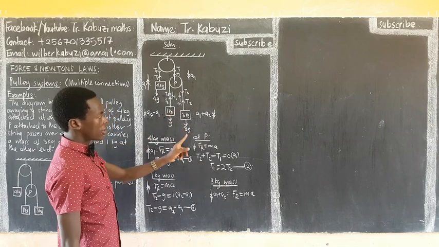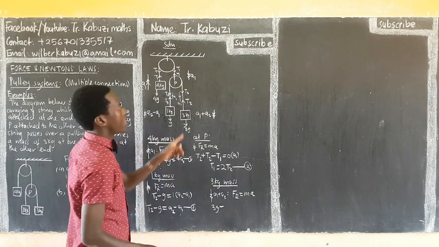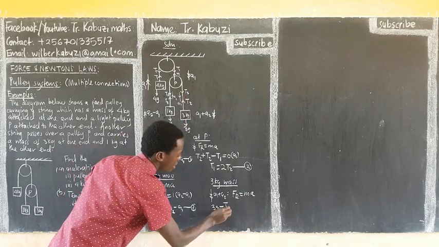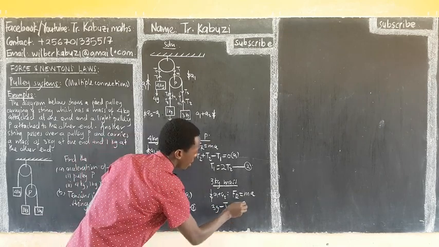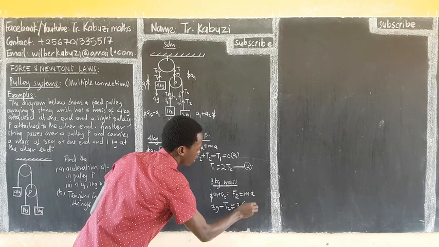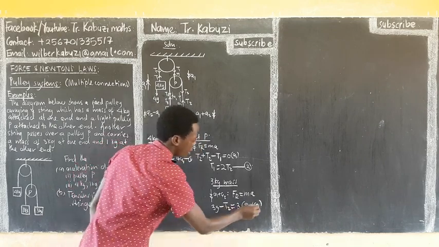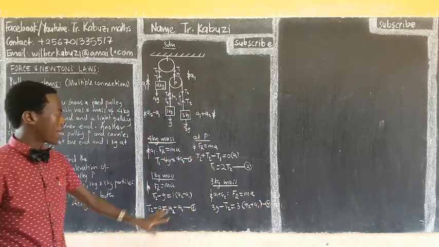Since it's moving in this direction, the resultant force will be 3g minus the force which is holding it up, which is T2, equaling the mass, which is 3, times the acceleration, which is A2 plus A1. We shall call this equation 4. The rest we are going to do on our calculators and solve.